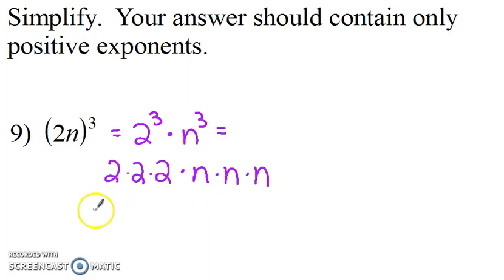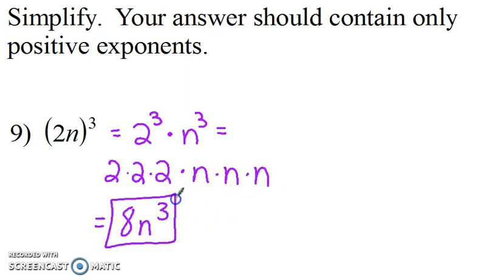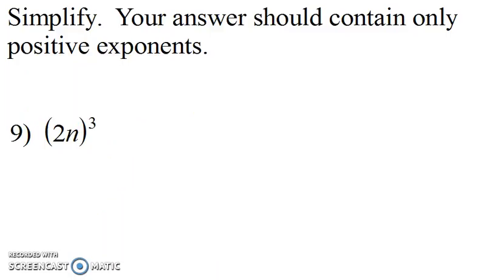So we're going to end up with 2 times 2 times 2 is 8. n, that's 3 n's. So 8n to the 3rd is our answer. For the shortcut, 2 to the 3rd power is 8. 1 times 3 is 3. Try that one.